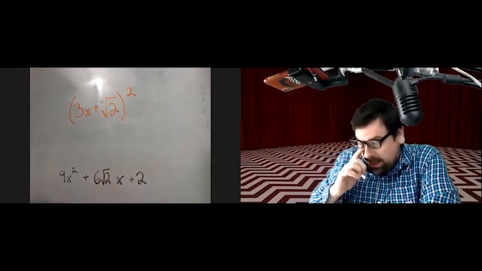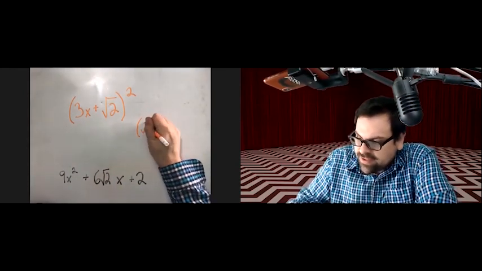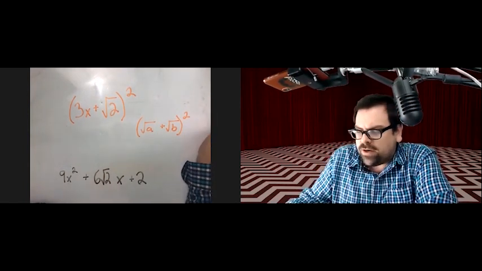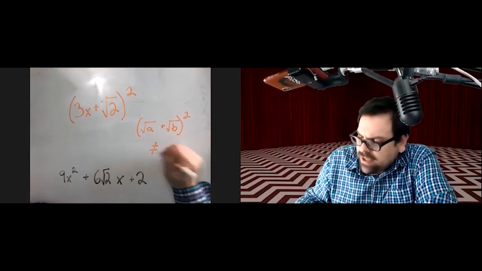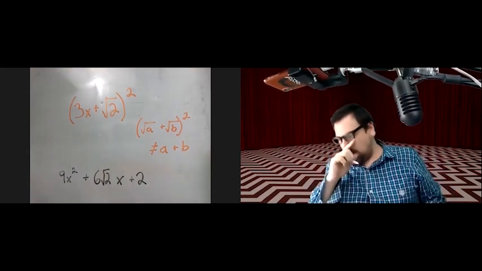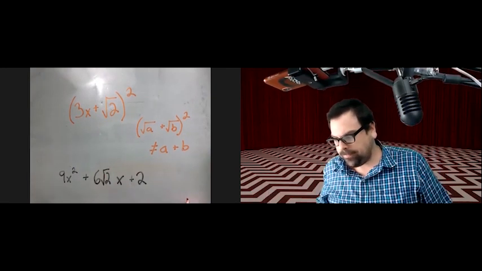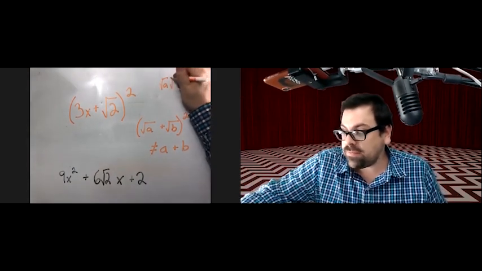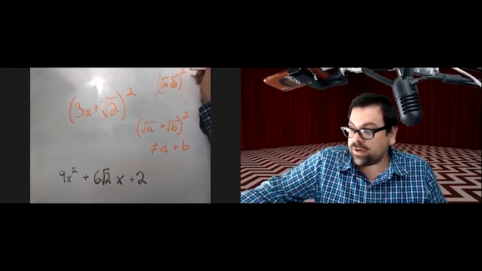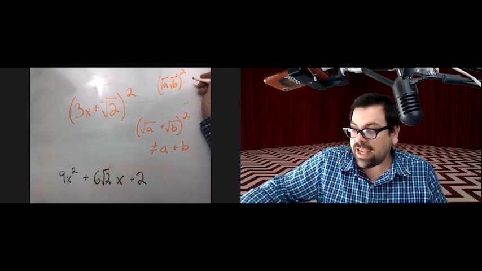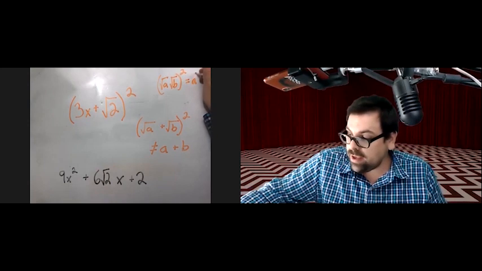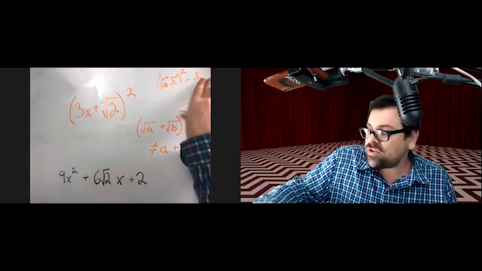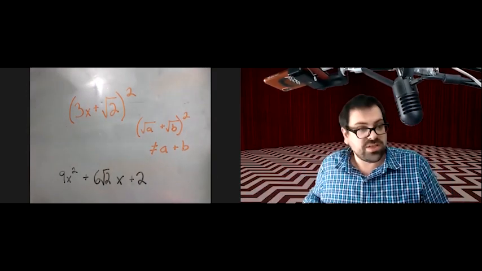What I want to drive home here is a fact that radical A plus radical B squared would not be A plus B. Now, radical A times radical B squared, or radical AB squared, would be AB. That works for multiplication. It works for division. It does not work for addition or subtraction.